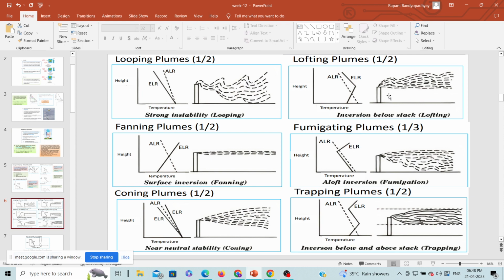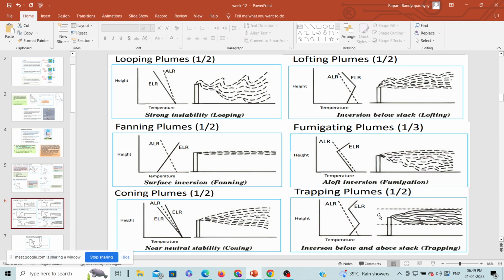It is the opposite of the lofting one. In this case the inversion layer is above the stack height, so the plume will not go above the stack height. It will disperse below the stack height. It is the worst scenario, as you can observe the maximum ground level concentration of the pollutant.